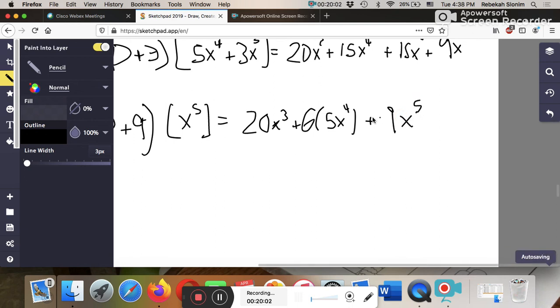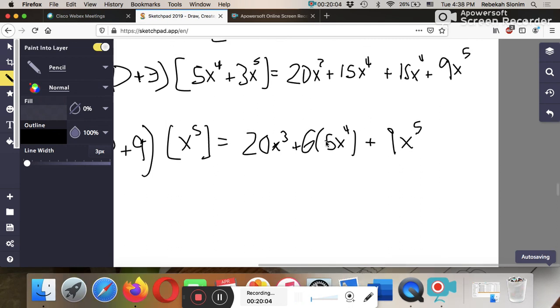Okay, so are these two things the same? 6 times 5 is 30, so I've got 20x cubed plus 30x to the fourth plus 9x to the fifth. Yes, they are the same.